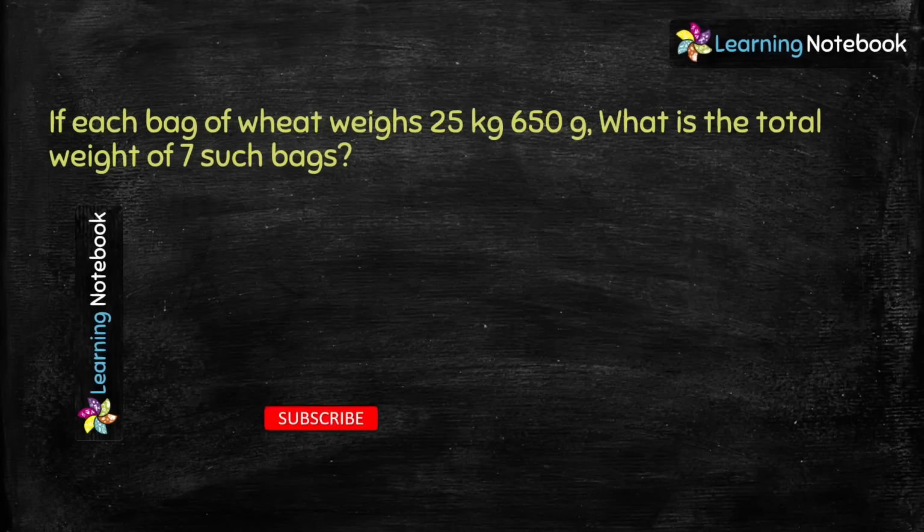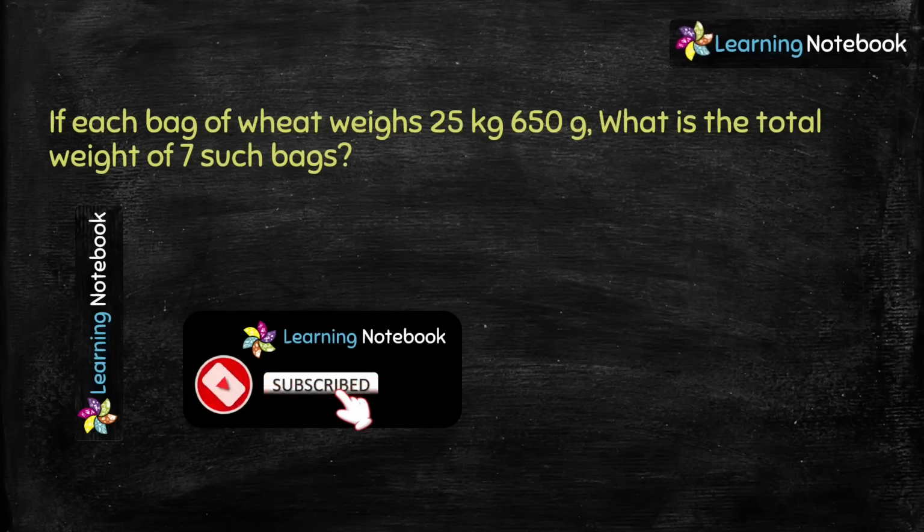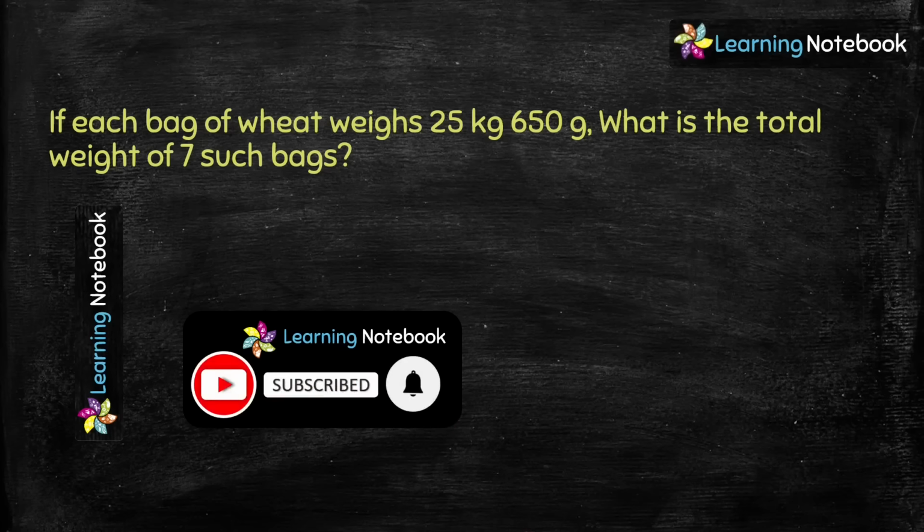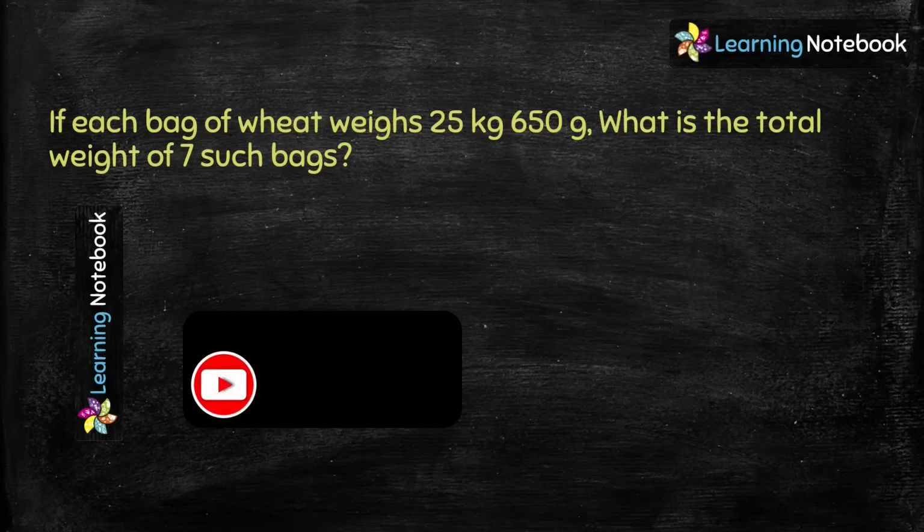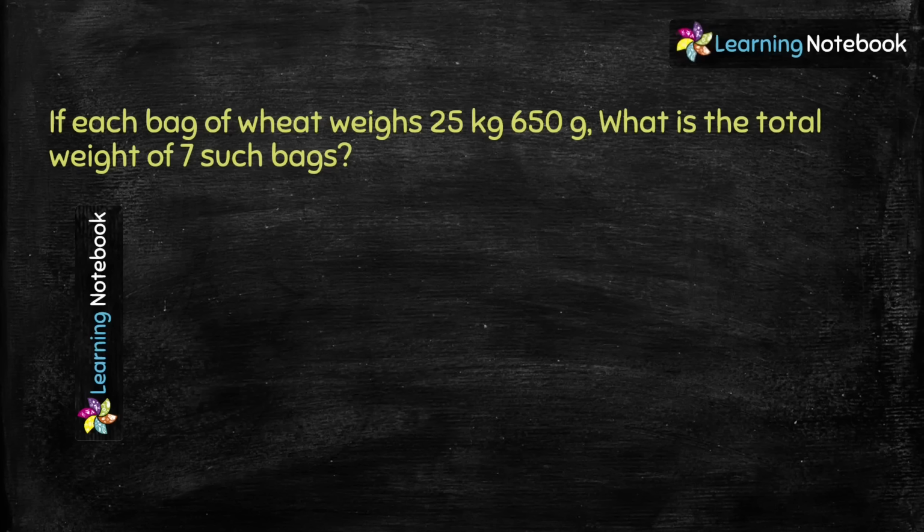So students, in the last two word problems, we have understood addition and subtraction of measurement of mass units. In the next two word problems, we are going to learn multiplication and division of these units. So let's see the next word problem.